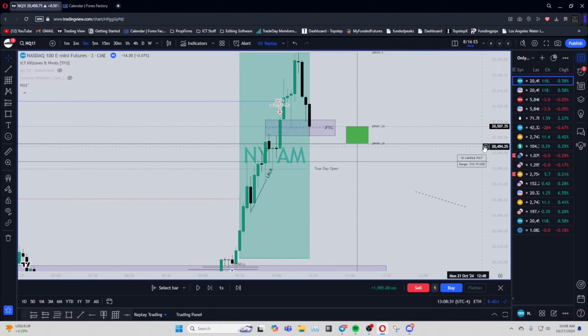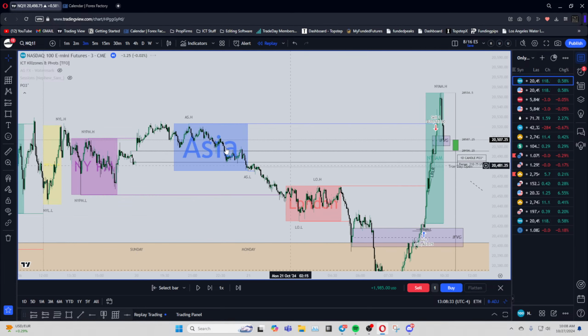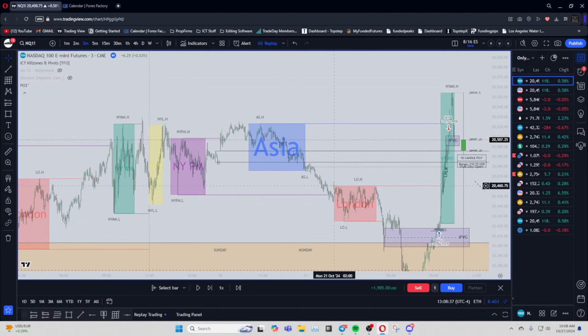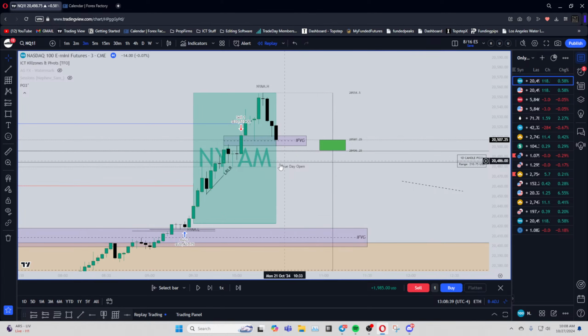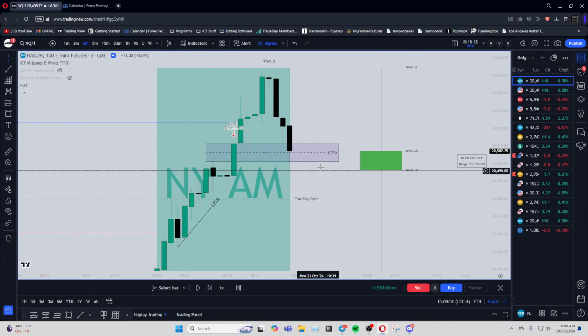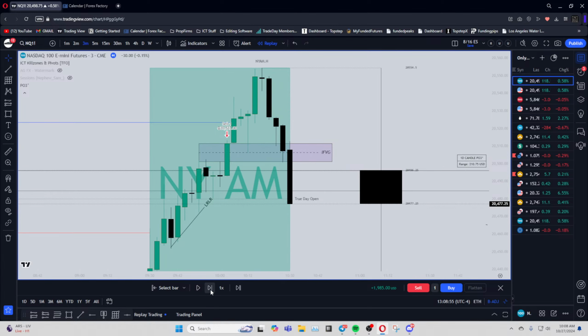So once we get that market structure shift, we've taken out Friday's high. So that's a time-based liquidity pool, previous day high. And then once we get that market structure shift, we're looking for our model, which right here is probably going to be based off of the IFVG we could enter.